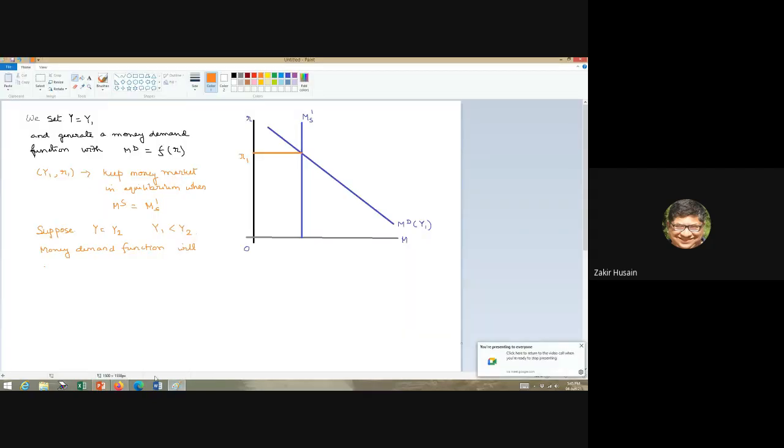It's a parallel shift outwards, an increase in demand. So there will be an outward shift in the money demand function. For a particular rate of interest, y has gone up, so the money demand function is going to be at a higher level.